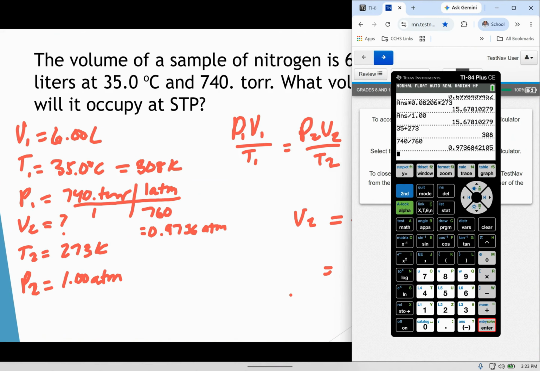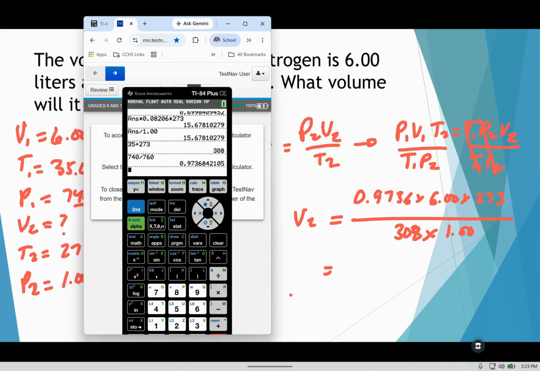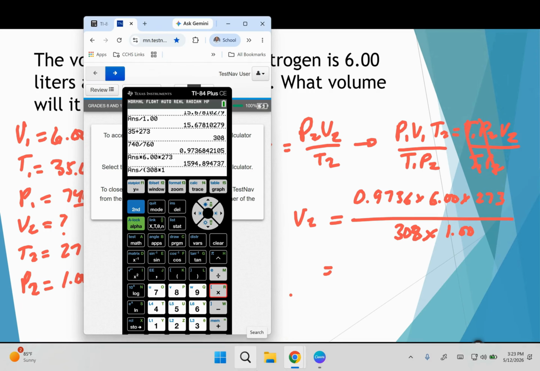So all that, let's see. 6.00 times 273 divided by 308 times 1.00.